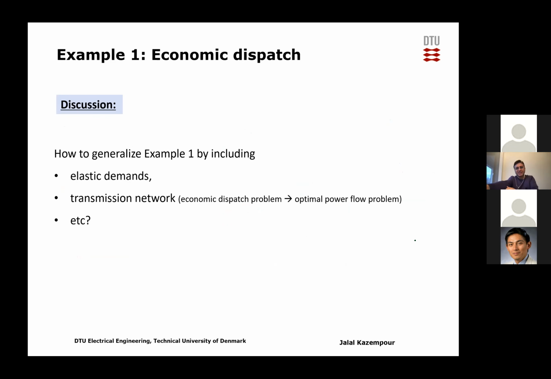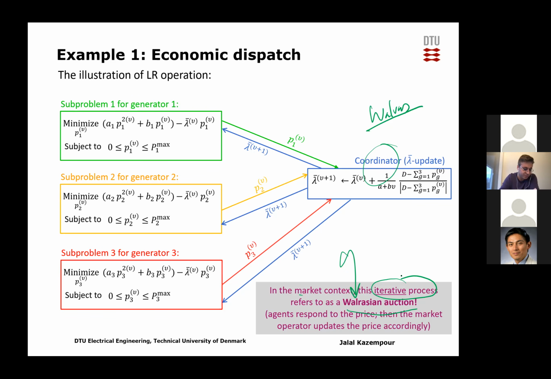So a discussion. Our previous example with 3 generators was very easy. If we add elastic demand, what should we do? What happens? Now we have the fourth market participant, which is elastic demand, who maximizes her utility.